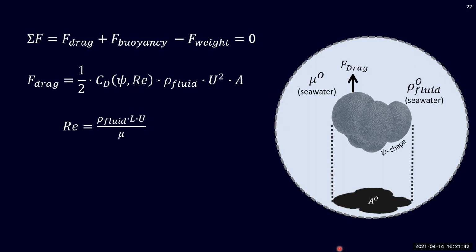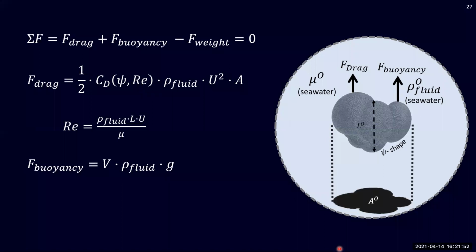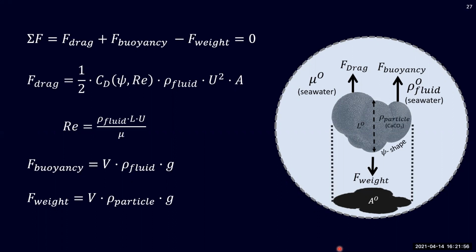And Re is included, which is affected by that characteristic length and the viscosity of seawater. Then we also have buoyancy, which requires that we know the volume of the particle, and we have weight, which requires the volume of the particle, in this case the foram, and the density of it, as well as gravity.